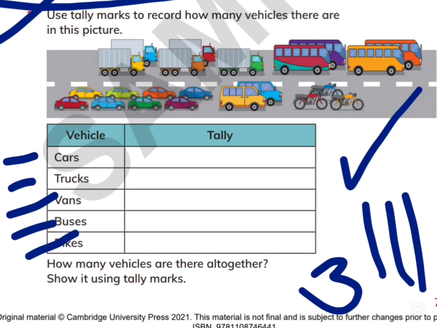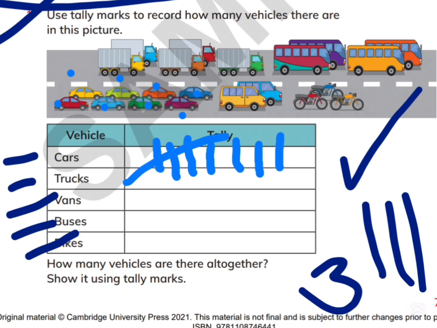I will change the color. 1, 2, 3, 4, 5, 6, 7, 8. There are 8 cars. How will we write 8 in tally? 1, 2, 3, 4, 5, 6, 7, 8.